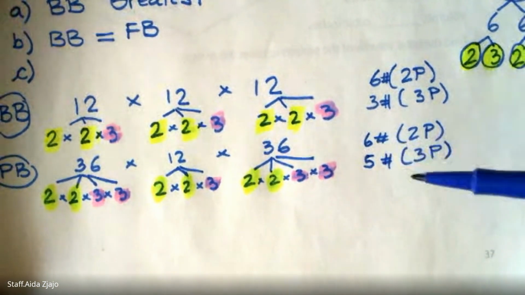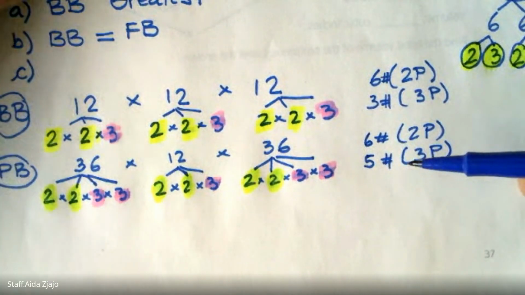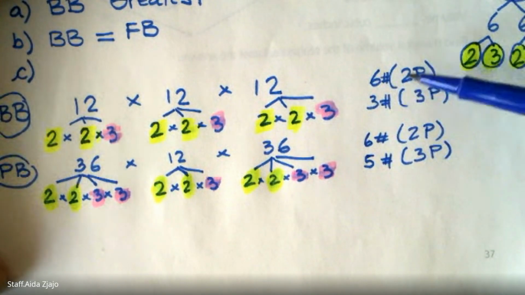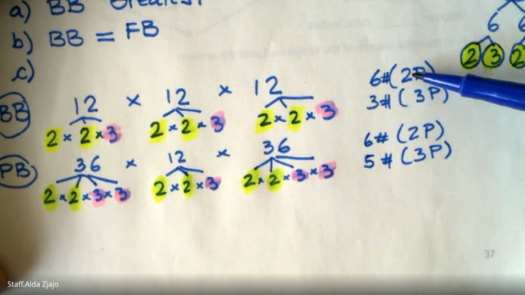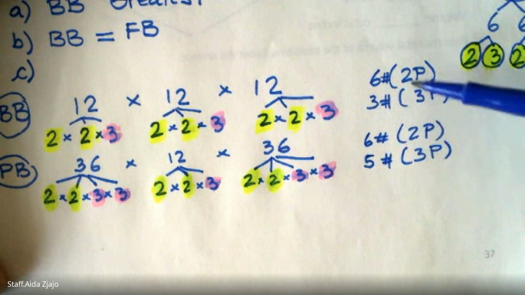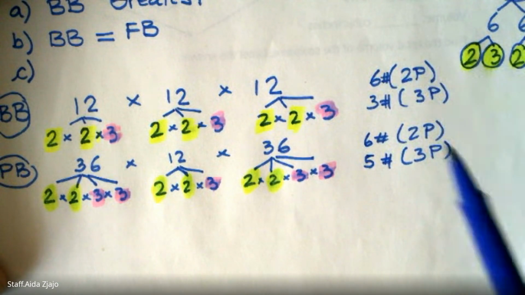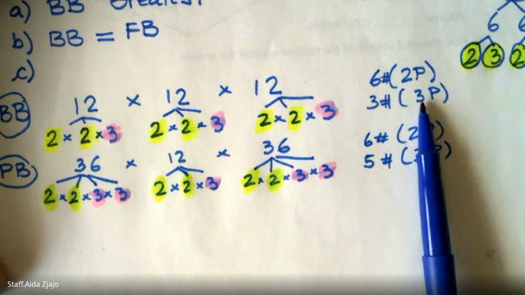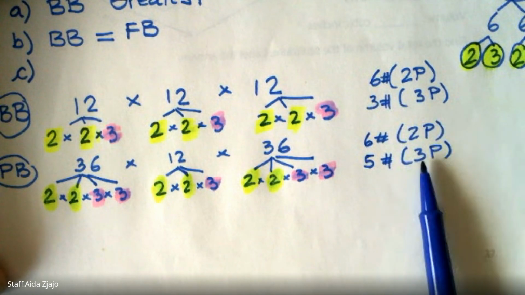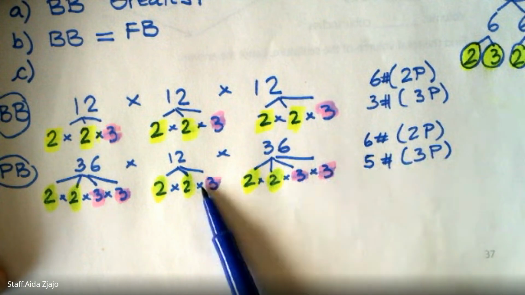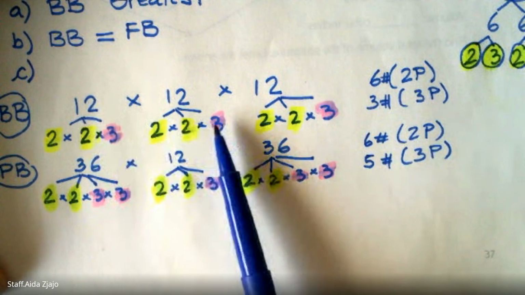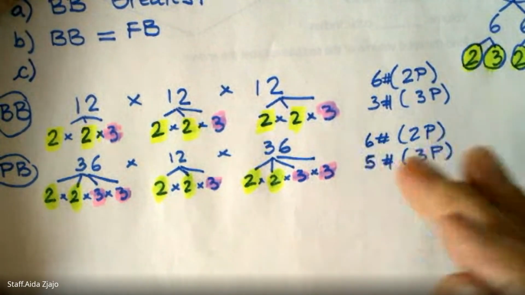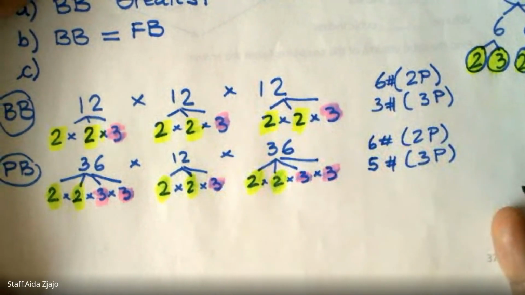So right now I can prove to you that this picture box is greater than the BB, because there are 6 prime numbers that are 2's, and they're the same here. But this number has 5 primes of 3, 1, 2, 3, 4, 5, and this one has 1, 2, 3. So that is how I can prove to you that this is a greater number.